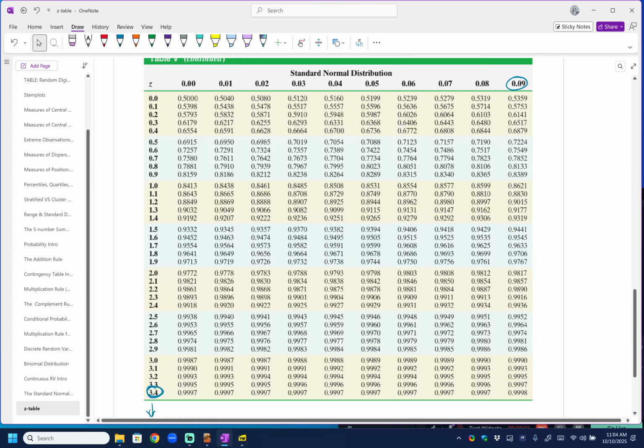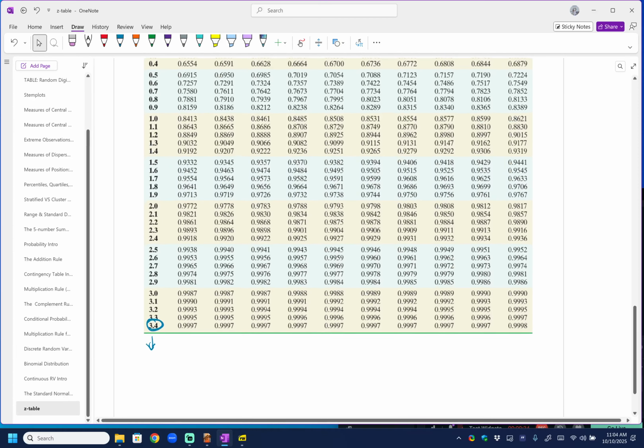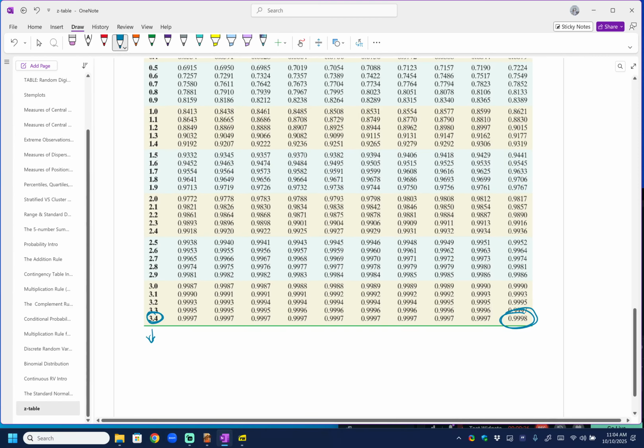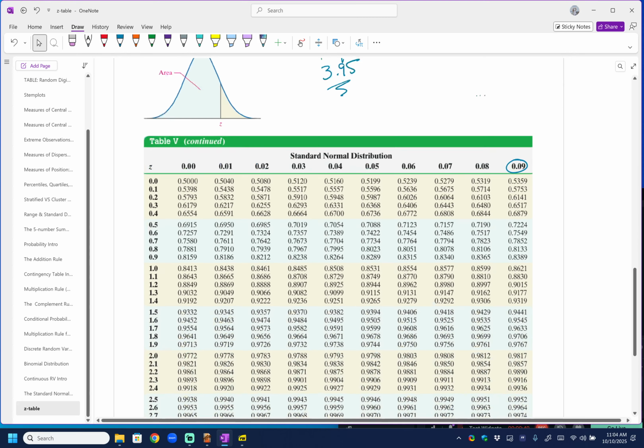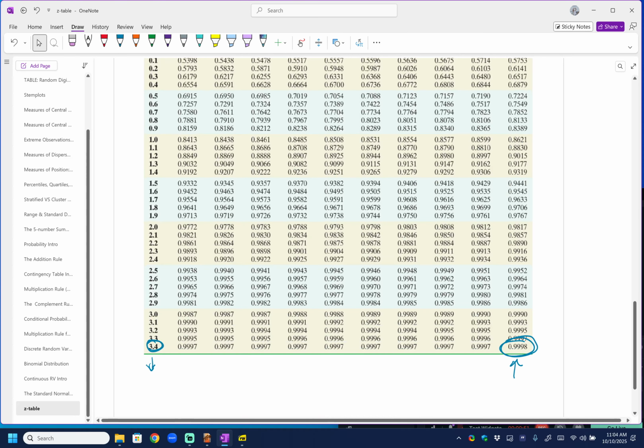If I follow that to here, you're going to see that this is really close to 1. It's 0.9998. So if the area below 3.49 is 0.9998, then the area below 3.95 is going to be approximately 1. And you can assume that any value off this chart in the positive direction, higher, once again, that z-score will produce an area of approximately 1.